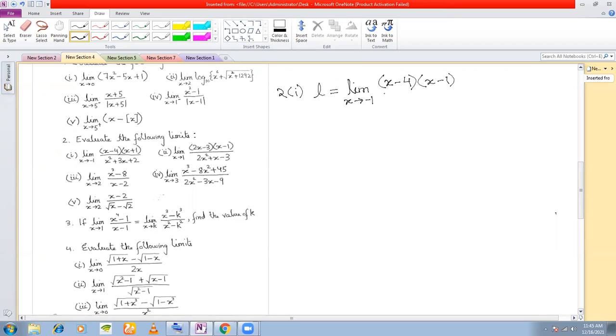limits. So the question here, if you see, is limit x tends to minus 1, (x minus 4) into (x minus 1) by x square plus 3x plus 2. Okay, now if you see here that if you substitute x is equal to minus 1 in the denominator, what do you get? You get minus 1 square plus 3 into minus 1 plus 2.